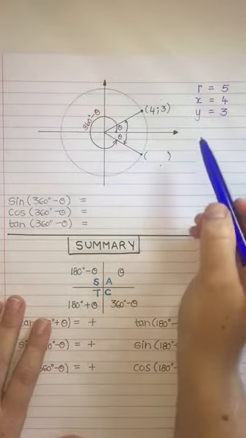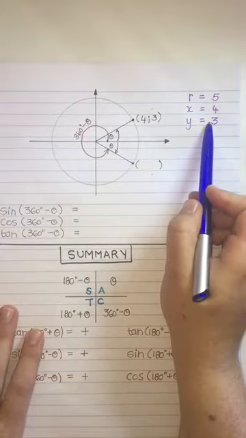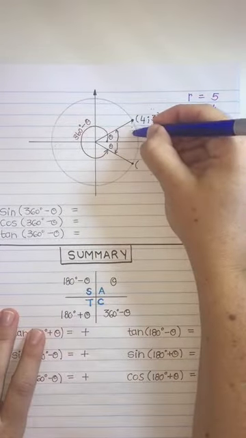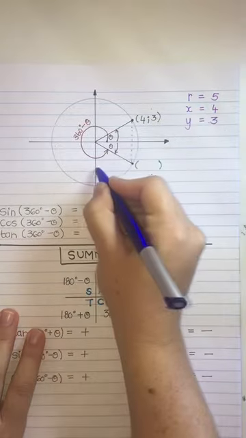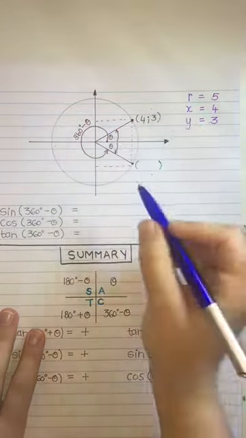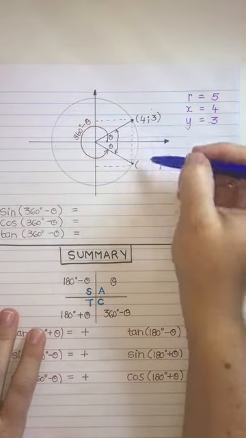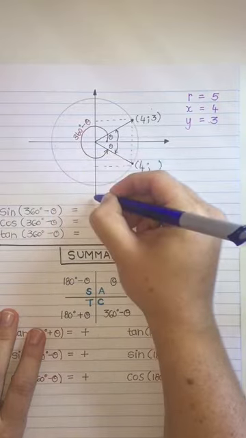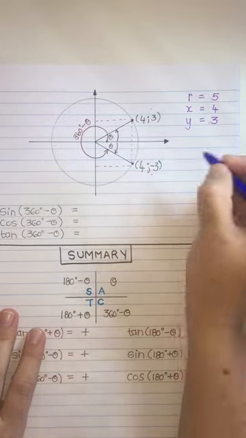And there's my matching X, Y, and R. Let's do the coordinates of this one, guys. They are exactly in the same place. Y and X will be the same for both of them. Only the signs will differ. X here is positive, so it stays 4. Y here is negative, so it's minus 3.